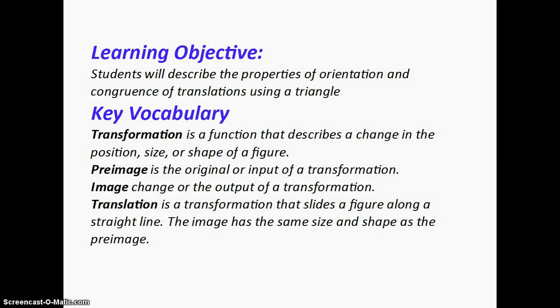And translation is a transformation. We said yesterday that it was an isometry, or rigid transformation, that slides a figure along a straight line. The image has the same size and same shape as the preimage.